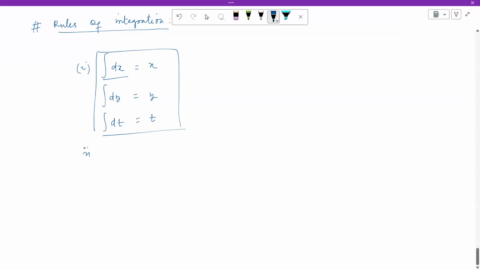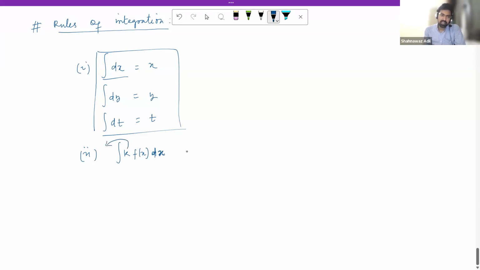Okay, the second rule is that if a constant k is multiplied with some function and you integrate it with dx, then you take out this k and integrate the function.